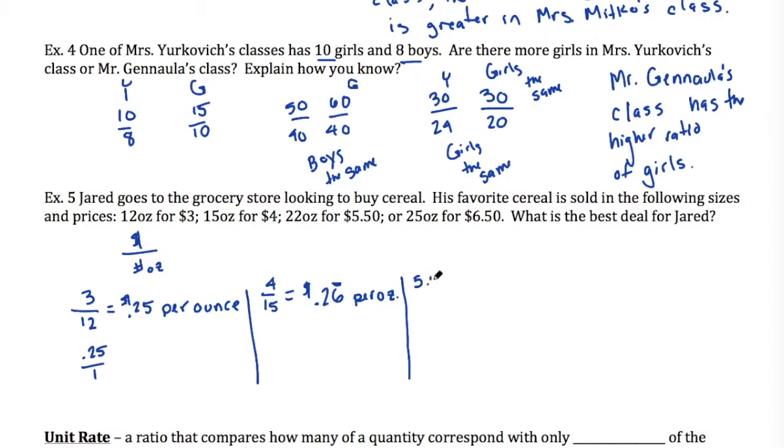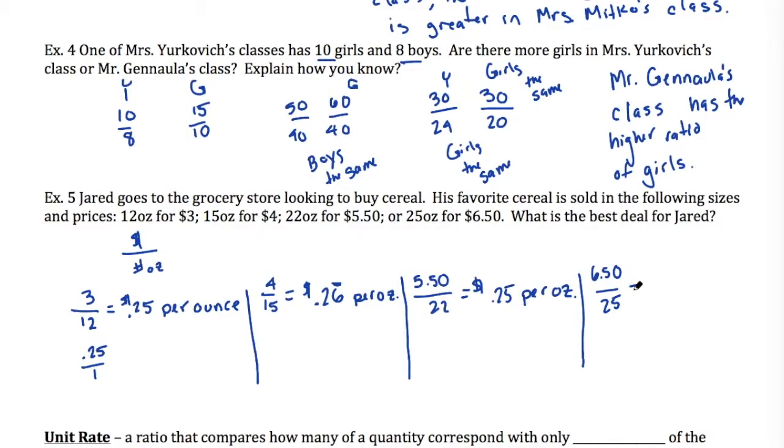So we've got $5.50 over 22. And if we simplify that, that turns out to be $0.25 per ounce. So that is actually the same as our first ratio. Even though they looked very different, they turned out to be equivalent to each other. Okay, let's do this one more time with our last box. For our last box, we have $6.50, and we're dividing that by 25 ounces.